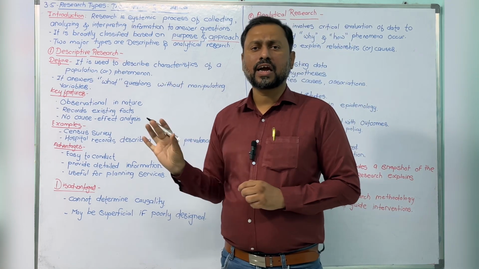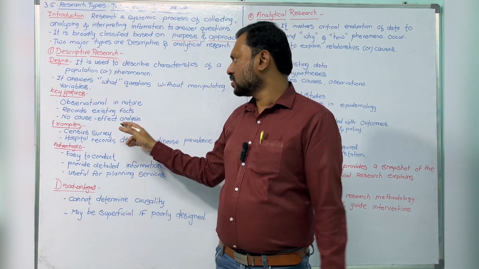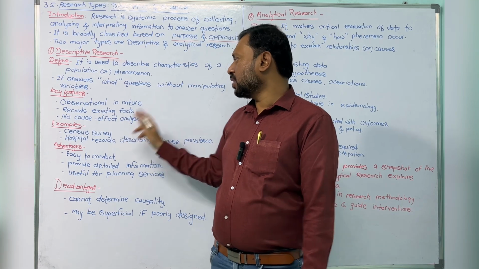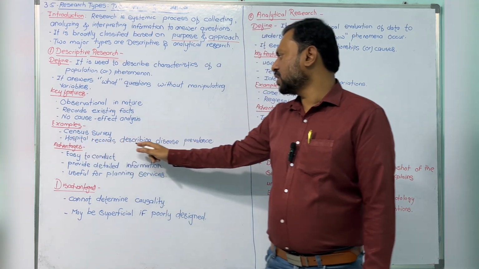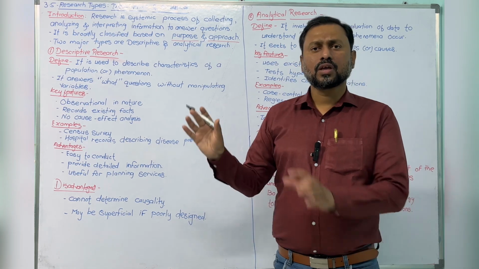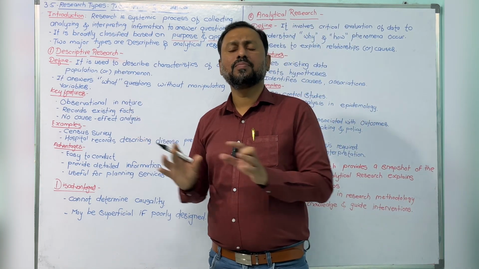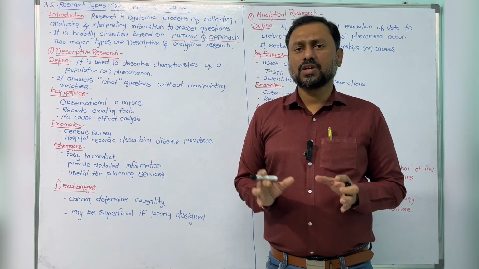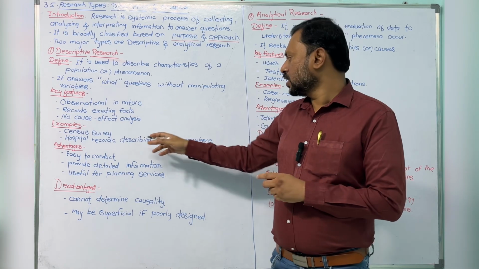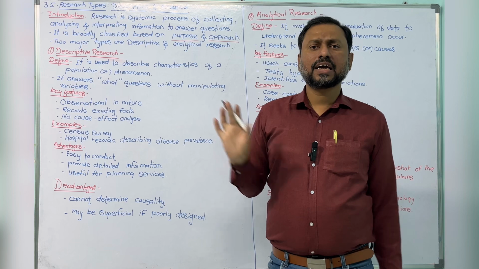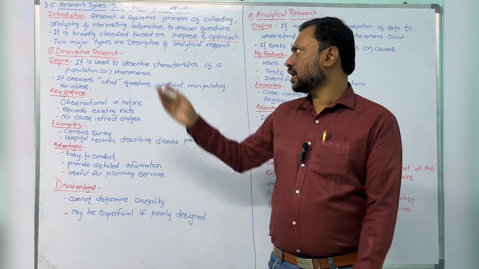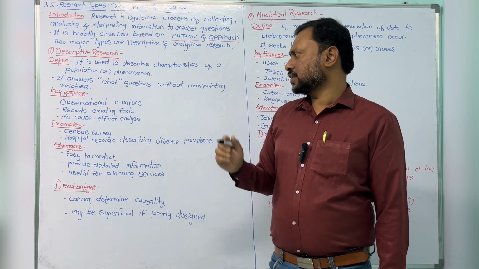We are just collecting as it is. So how much is there, that is only what we are collecting. Another very good example is hospital records describing disease. In the hospital, how many patients came this week or today, how many specific patients are there, that only we are collecting as information. This is descriptive research.